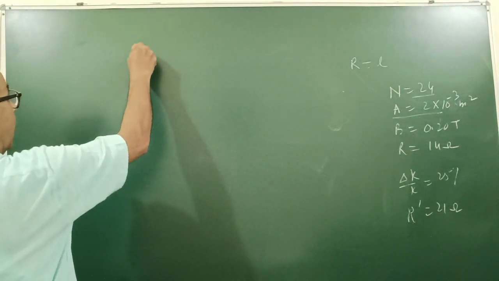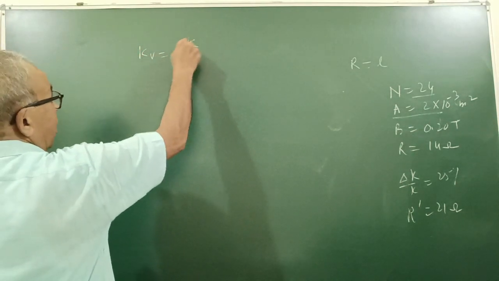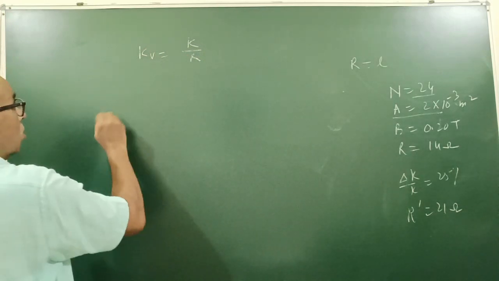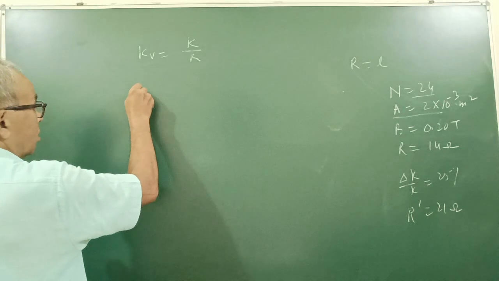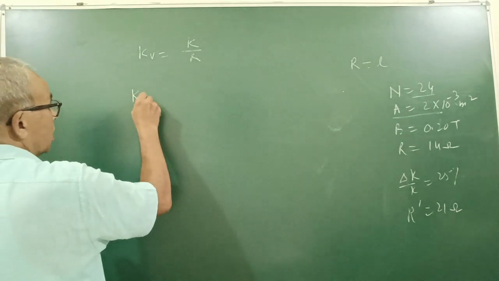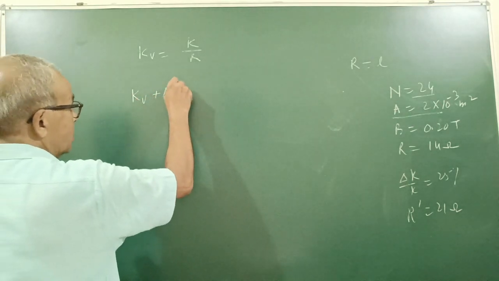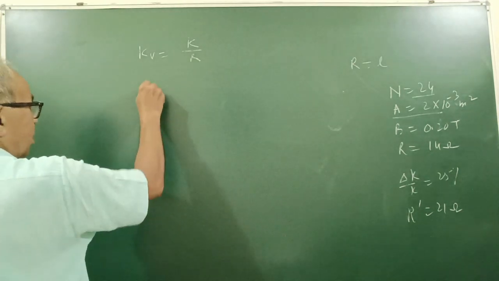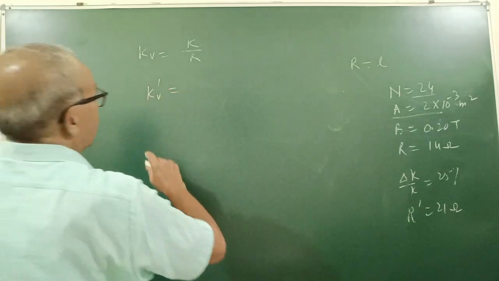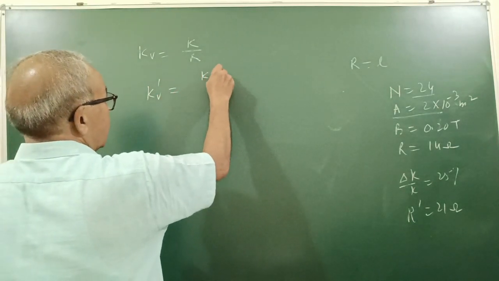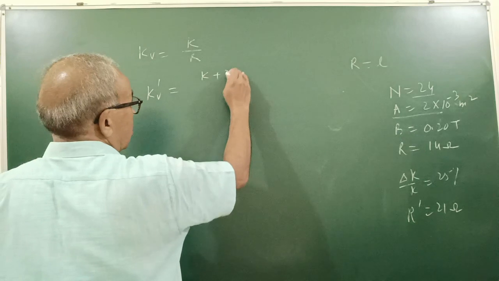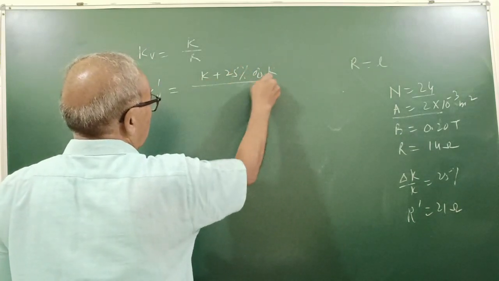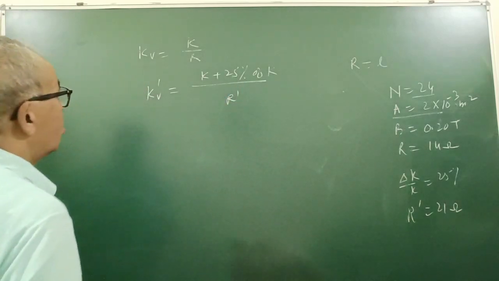So voltage sensitivity is, in fact, K by R. So let it become KV plus delta KV, or you can say let it be KV dash. That will be, because current sensitivity has increased by 25%, 25% of K upon R dash, the new resistance.